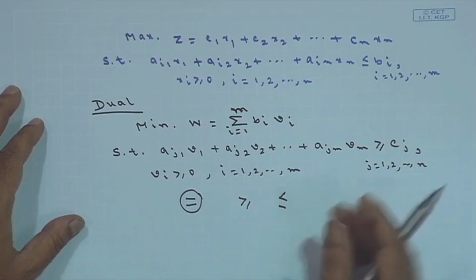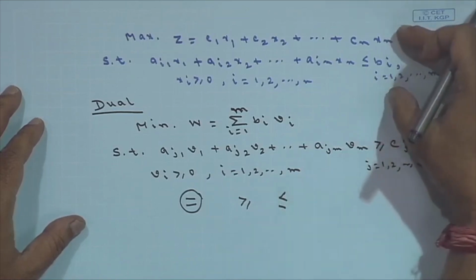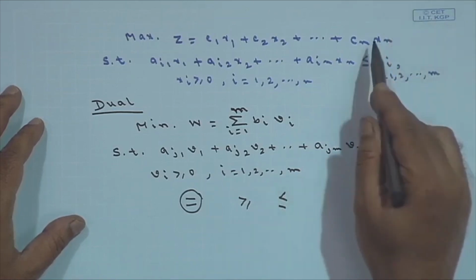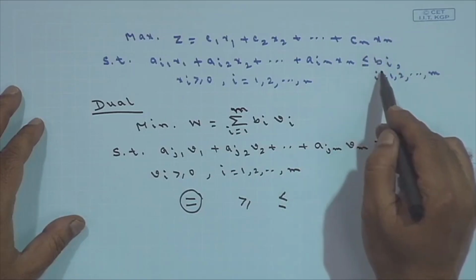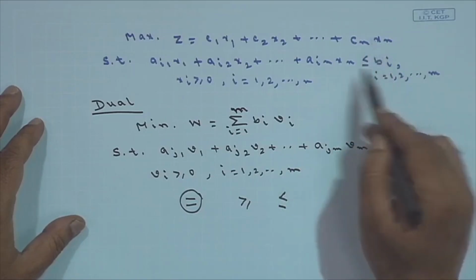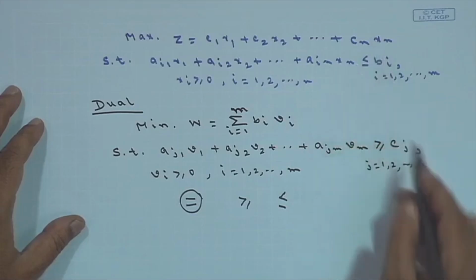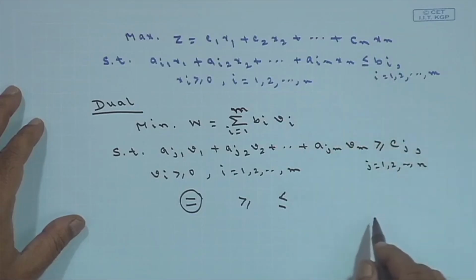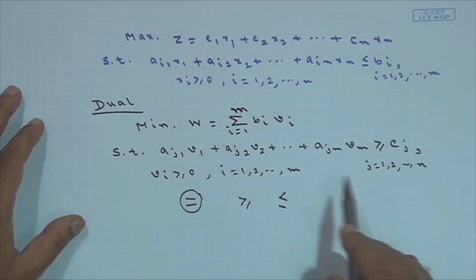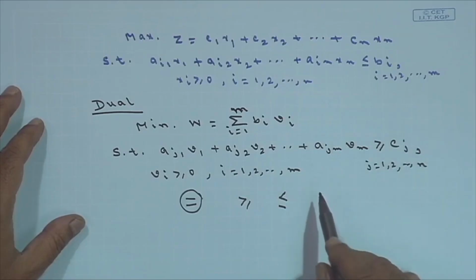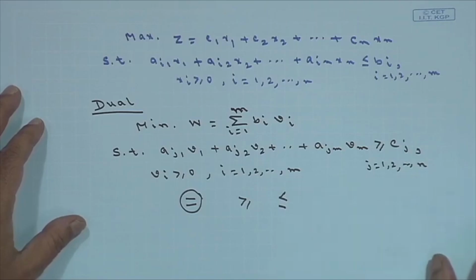So, this we will assume as the standard canonical form of the original problem. If it is not in canonical form, first I will convert my LPP into canonical form, and then I will write down its dual in this particular format.